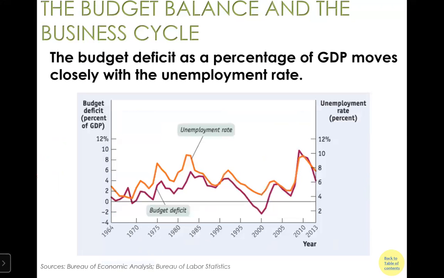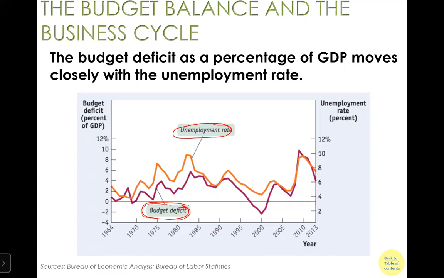Right? Okay. Now, we can compare the budget deficit, as we just saw in previous slides, with the unemployment rate. And you can see these two are tracking each other. Why do they track each other? For a couple of reasons. First, remember when the budget deficit will increase. It increases when we are in a recession.